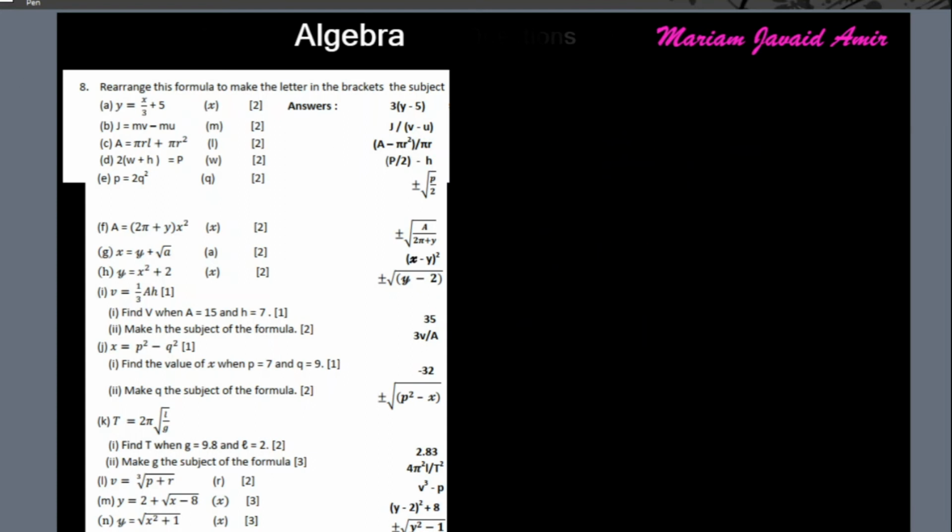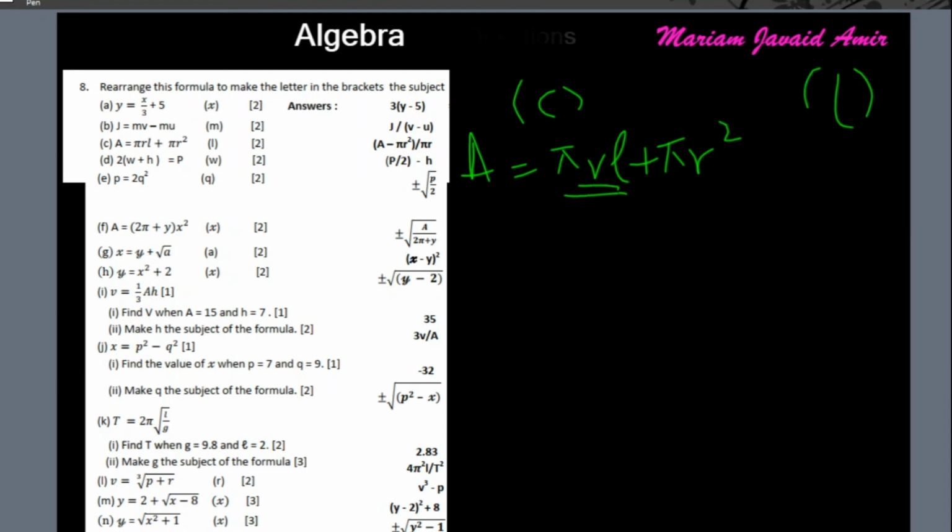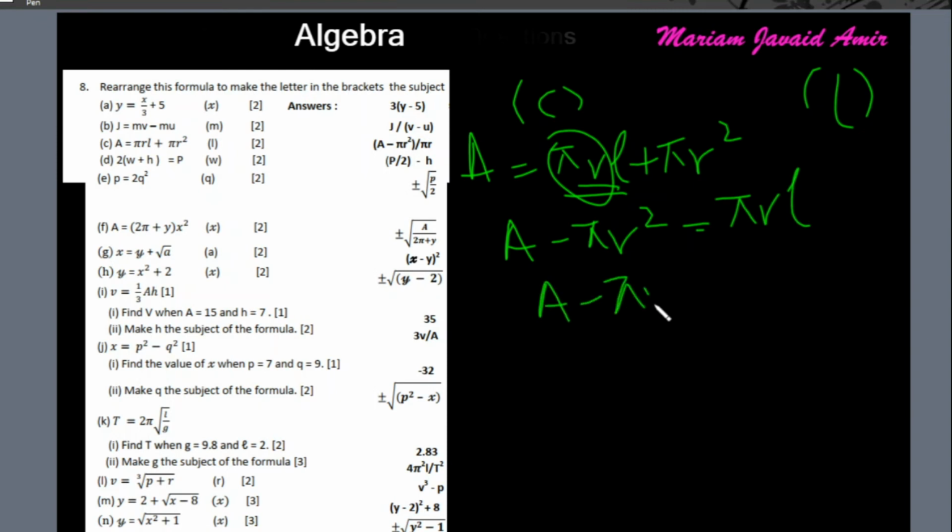Part C. A equals pi r l plus pi r square, and we have to make l the subject. So to isolate l, first take pi r square to the other side and then divide this. Take that to the other side. So a minus pi r square over pi r is the final answer.